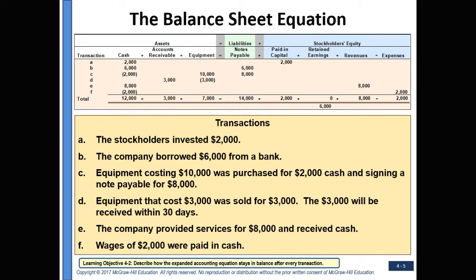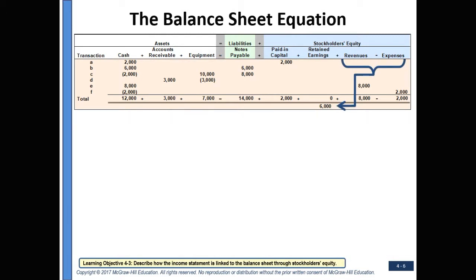You'll notice that effectively the balance sheet equation stays in balance with all of the entries. The impact of the revenues and expenses is $6,000.